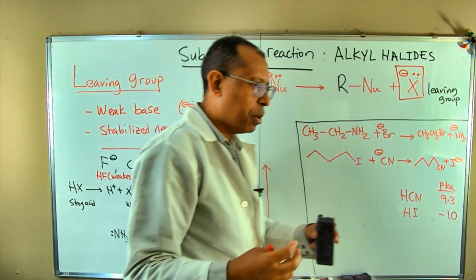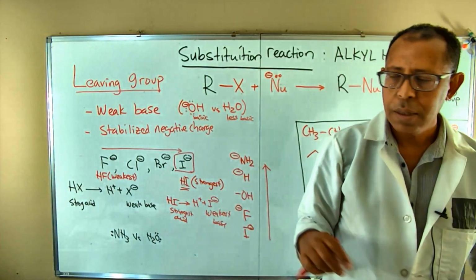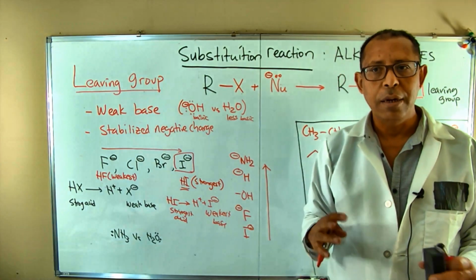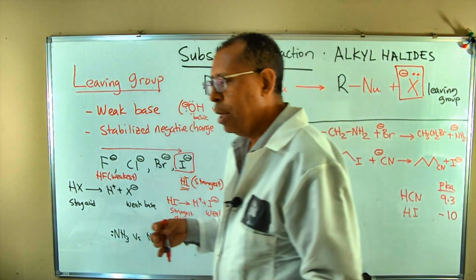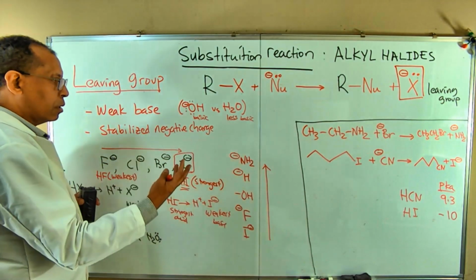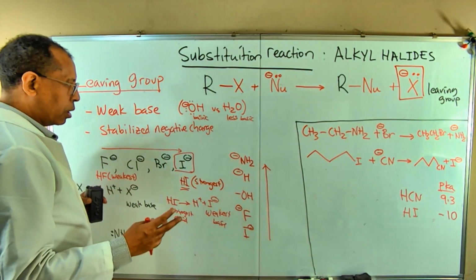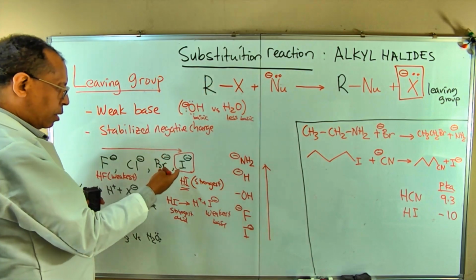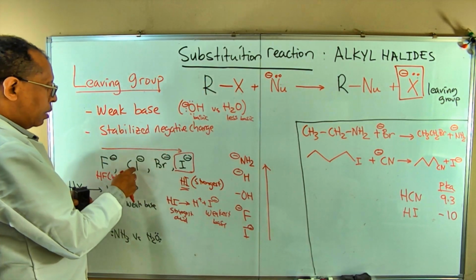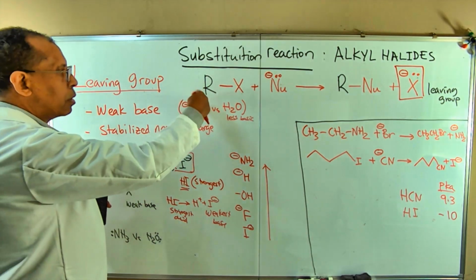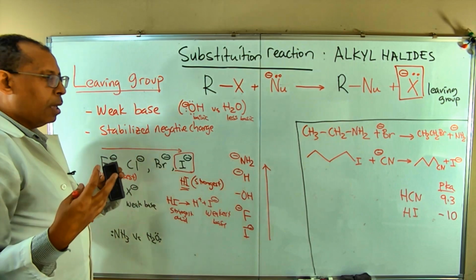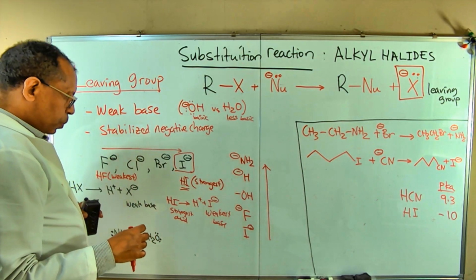So that's how we compare them. The stronger the base, that X minus, the weaker it is as a leaving group. So you don't want that in your alkyl halide if you want to have a successful substitution reaction. So in alkyl halides, for example, alkyl iodide, alkyl bromide, even alkyl chloride, those can be good leaving groups to give you a good reaction.